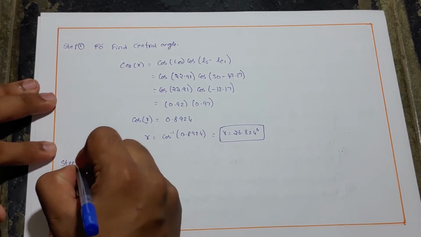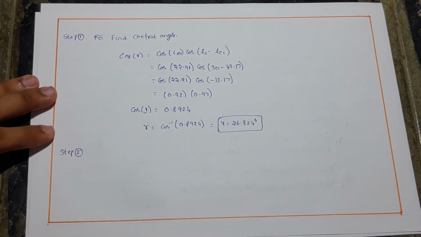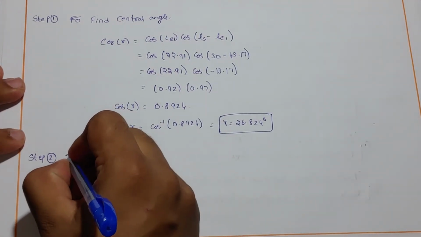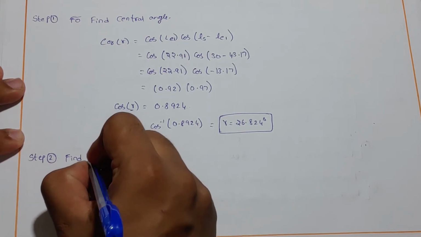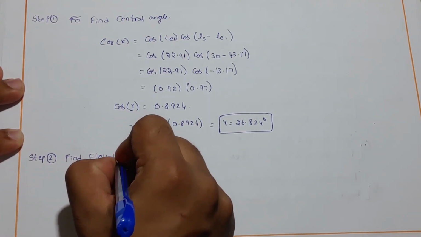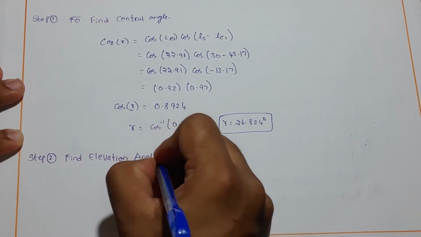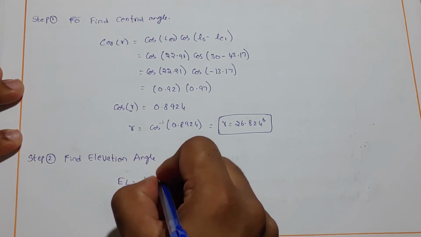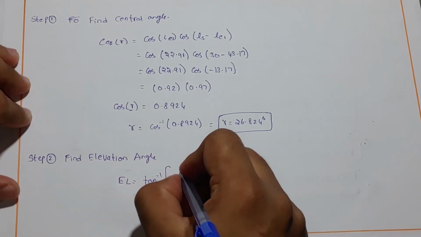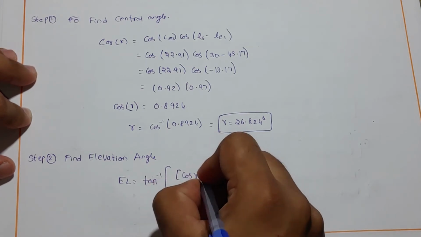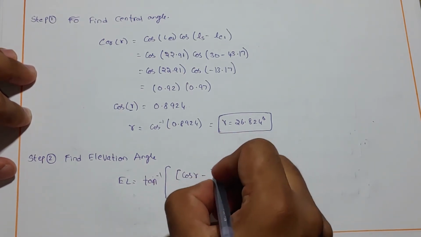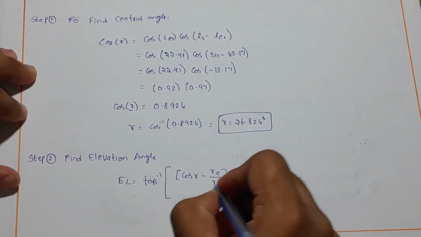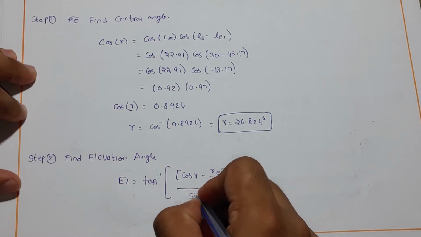In step 2, we will find the elevation angle. The elevation angle EL is equal to tan inverse of cos of central angle minus the ratio of the radius of earth and the radius of satellite path, divided by sine of central angle.